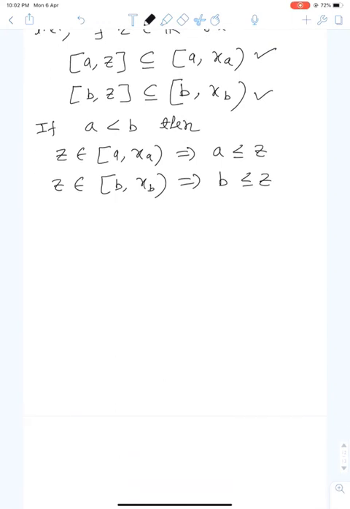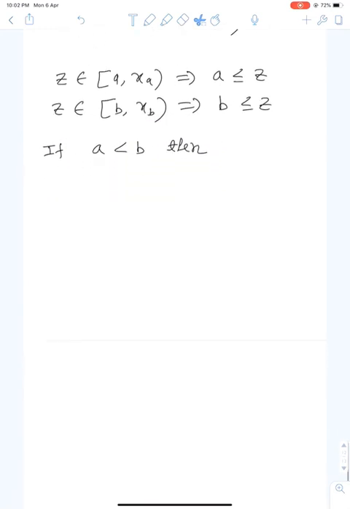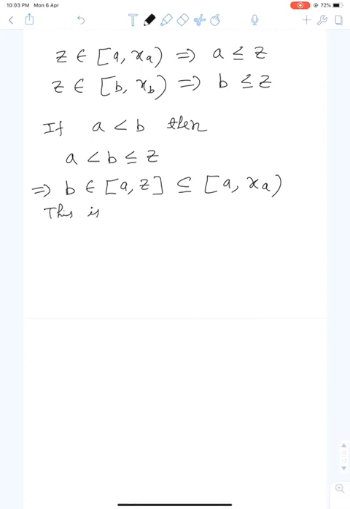Now if a is less than b, then a less than b less than or equal to z, that implies b belongs to [a, z], a subset of [a, x_a), and this is a contradiction.